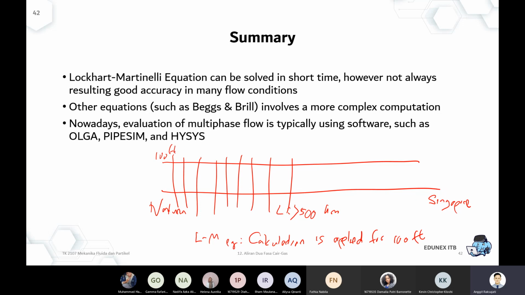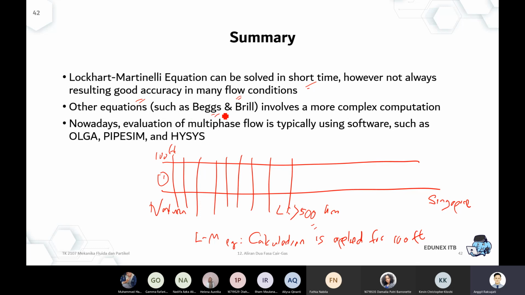So in the most extreme case, like the 500 kilometers, you will do a repetitive thousands of calculations. So it's short time only for one section, but for a complex system, that's not really doable. It also does not always give you good accuracy in many different flow conditions because it's very dynamic.